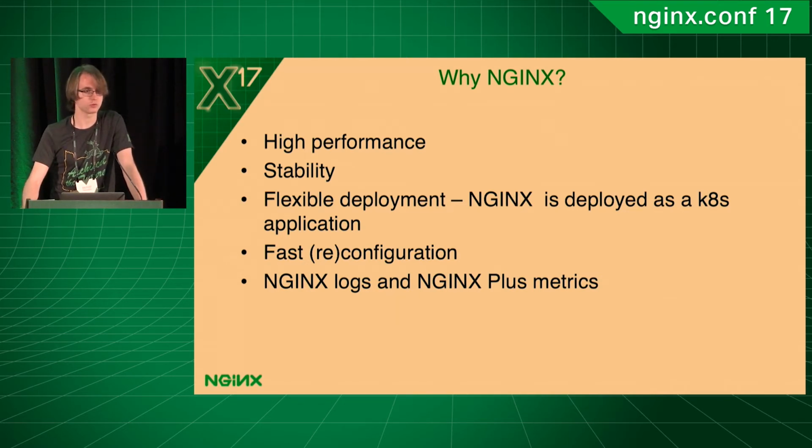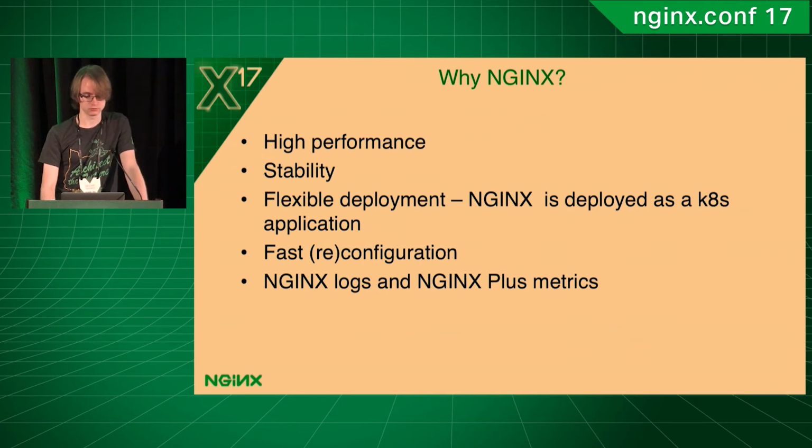It is also important to note that with the NGINX Ingress controller, the reconfiguration happens very fast. It only takes 1 or 2 seconds for NGINX to get reconfigured when you deploy a new application with a new Ingress configuration. In contrast, for example, cloud load balancers take quite a while, at least 1 minute, to get allocated.